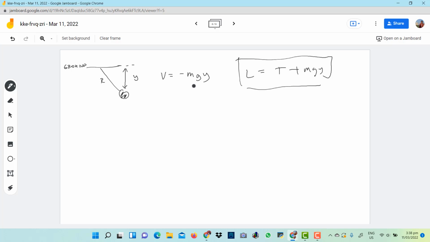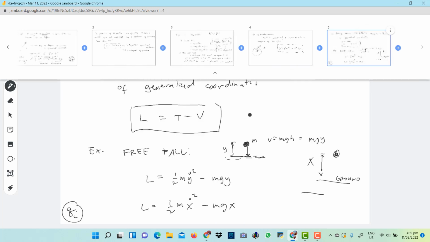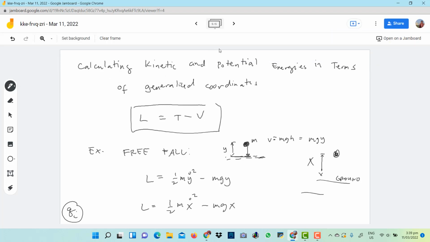So it depends on where the origin is, and if your mass is below the origin, then your potential energy is a negative function, negative mg times y. Okay, take note of that. So the potential can be negative or positive. If it is above, mgy is positive. If your particle is below, minus mgy is what you use for your potential. Okay? That's right. So, next.